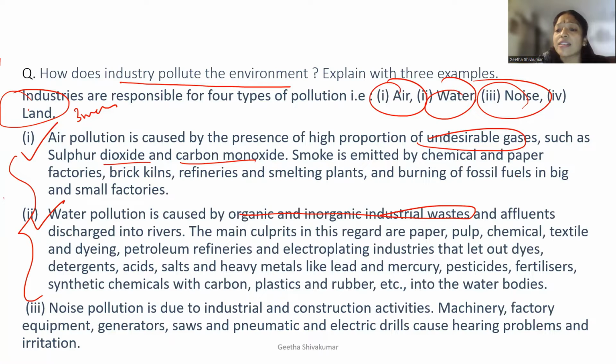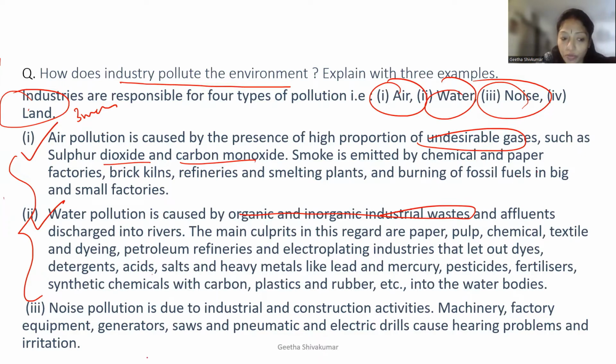Mainly it is because of the chemical industry, textile industry, dyeing industry and petroleum refineries. So these all play a very important role. Yes, human activities like bathing also create water pollution, but mainly it is because of the industries.